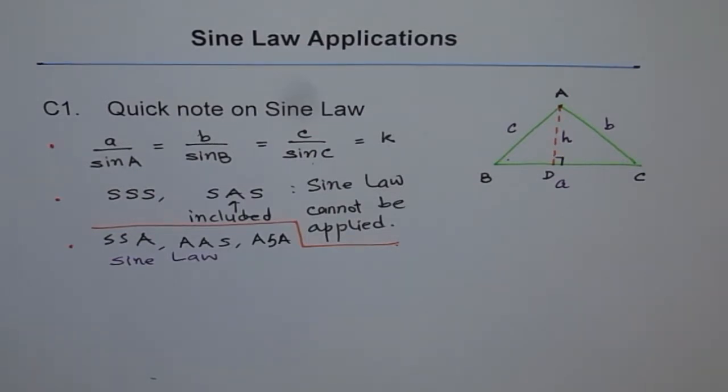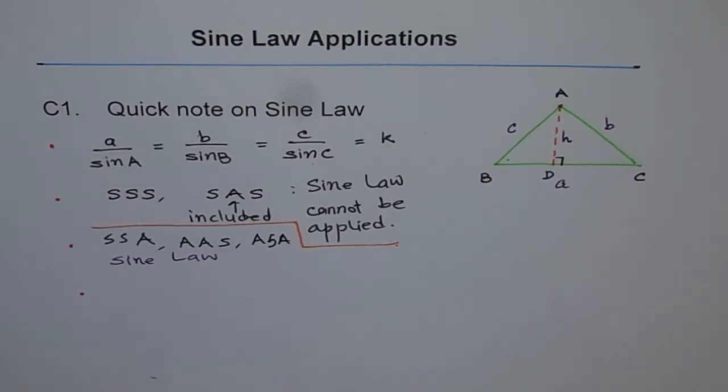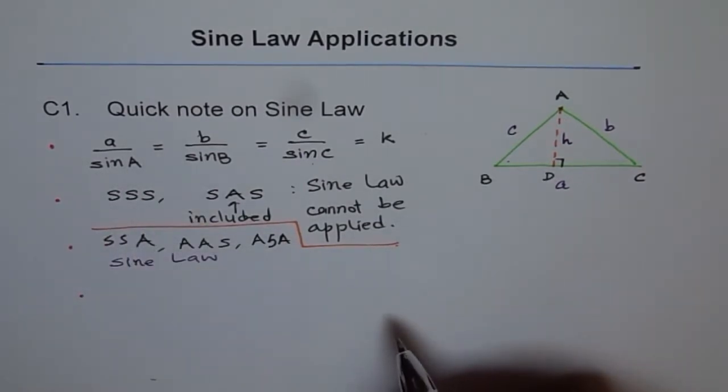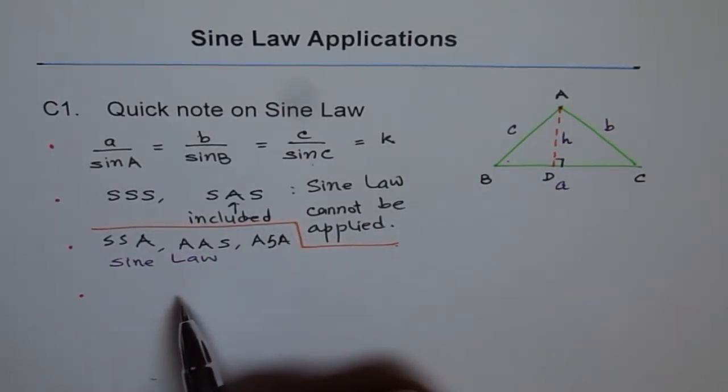Now another thing which is very important to understand here is that sine law is actually derived from basic trigonometric ratios, right? What I'm trying to say is that when you use the primary angles in the right triangle, those concepts can be used here also, correct?